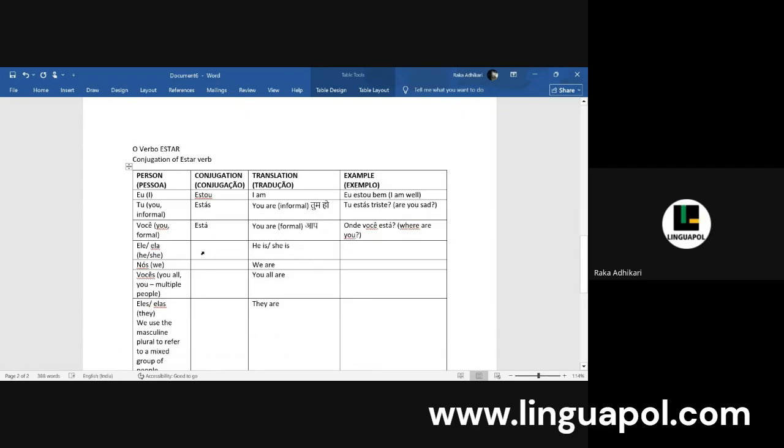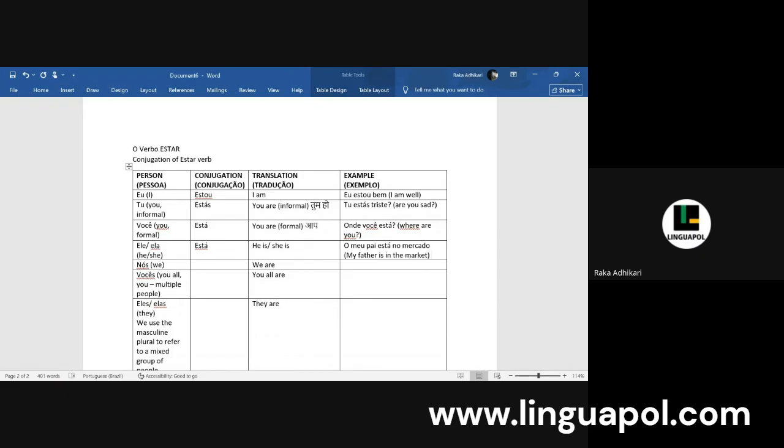Then we have ele, ela, same conjugation, está. For example, let's say o meu pai está no mercado. My father is in the market.